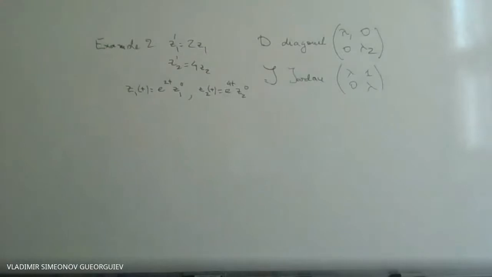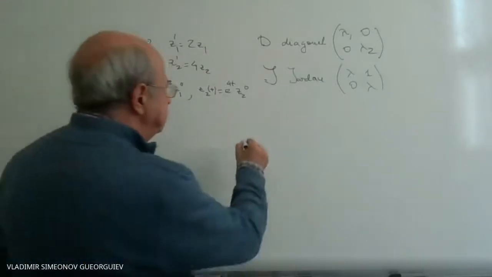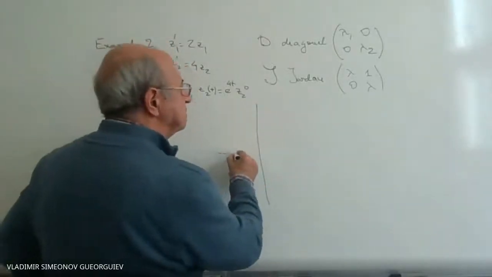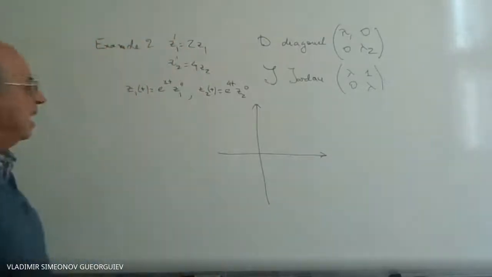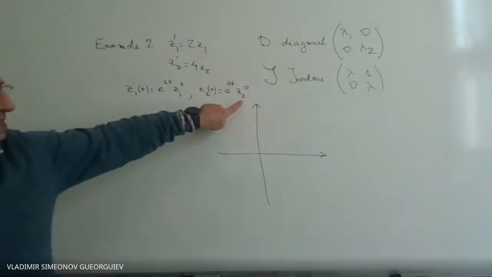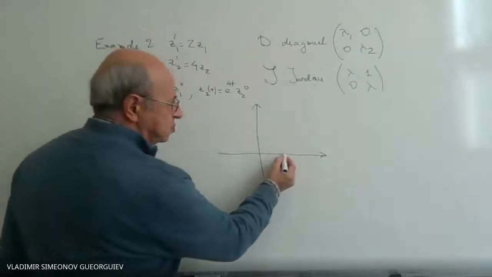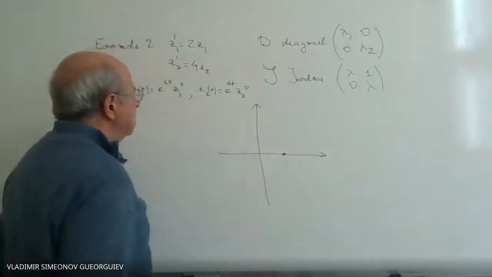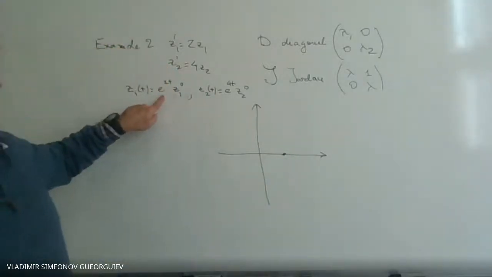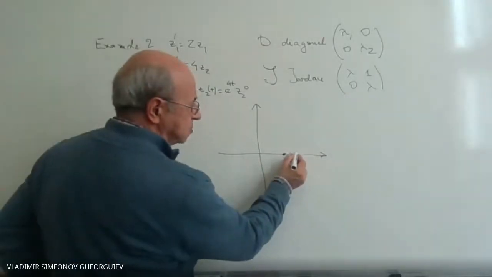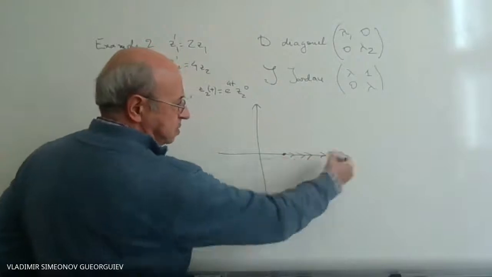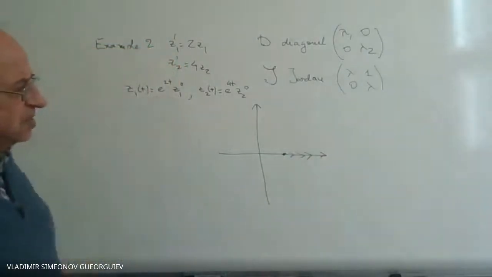And let us try to build the picture with arrows. In this case, we have both eigenvalues positive. Again, if you have Z2(0), so if we start from here, what will happen? This is an increasing function. So now the arrows are in this direction because Z1 is increasing.